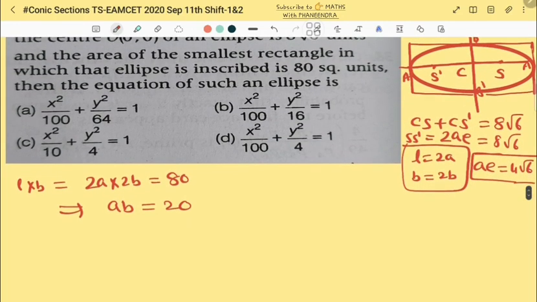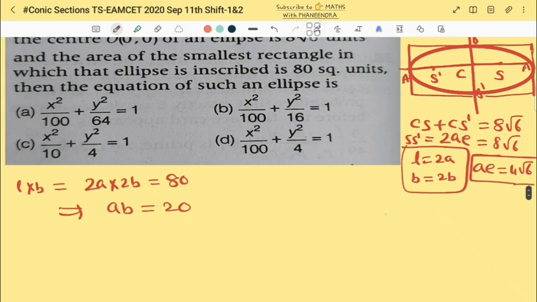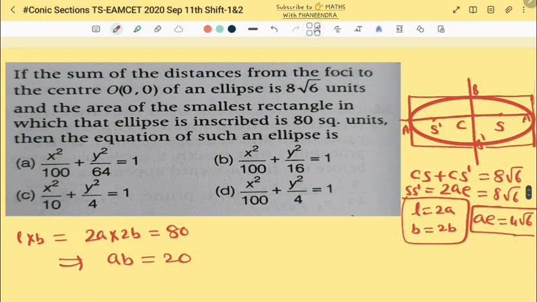They're asking to find the equation of such ellipses. So from this, center (0, 0) is given. From that only we can do: AE is equal to 4 root 6. A square E square is equal to 16 into 6, 96 will come.